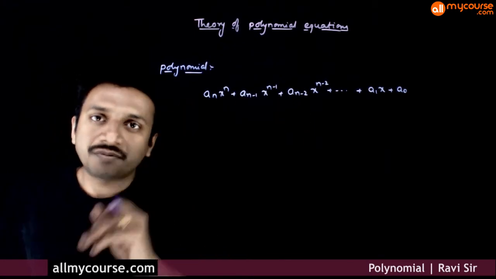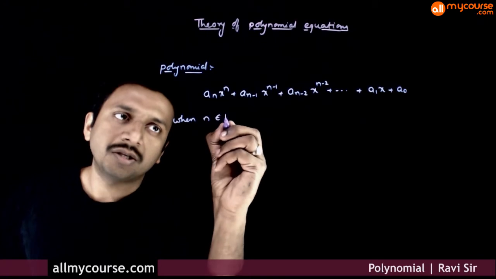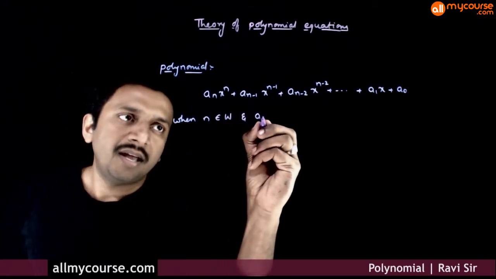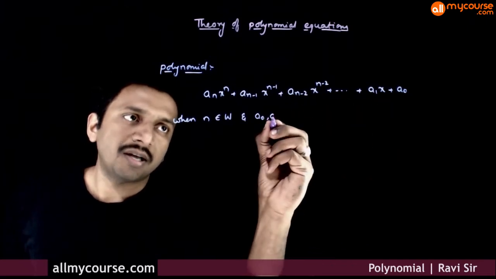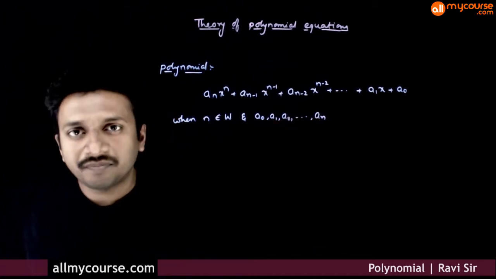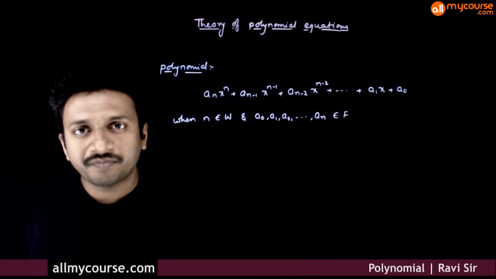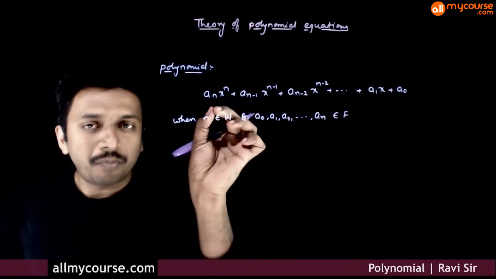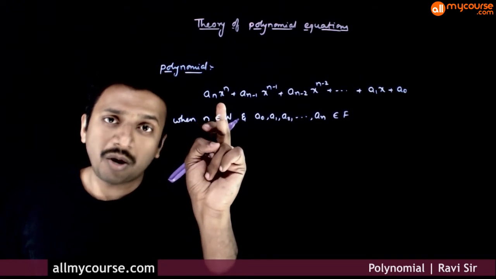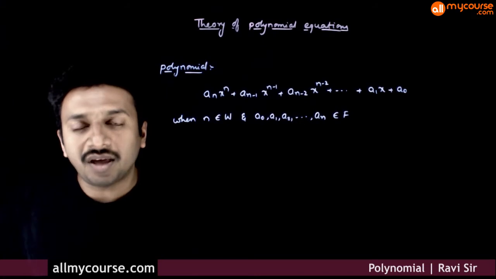An expression of this form, where n belongs to the whole numbers and the coefficients a_0, a_1, a_2, and so on up to a_n belong to some number system F, is called a polynomial in the variable x over the number system F.